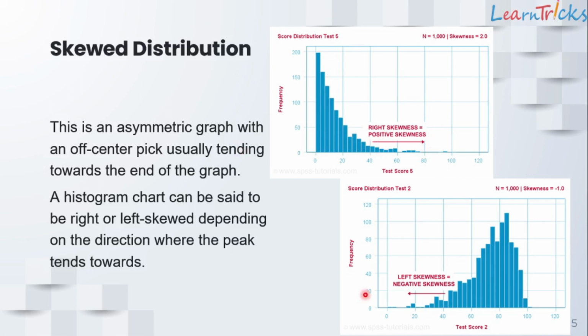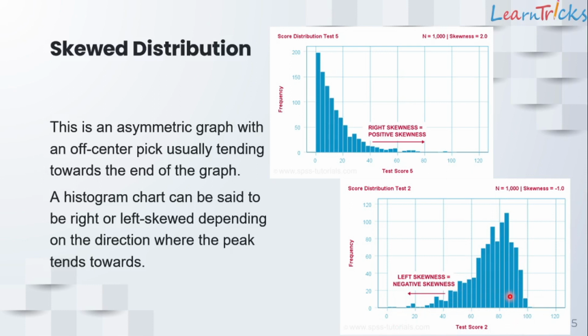And on the other hand, when the peak of the graph tends towards the right side of the graph, then it is called left skewness or negative skewness. So in skewness, your mean is not at the center. It differs from the center position of the range of your distribution.